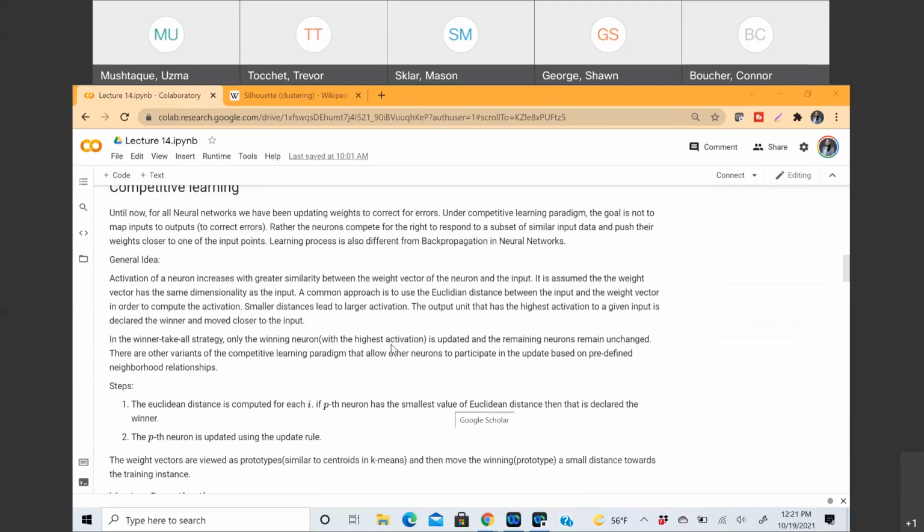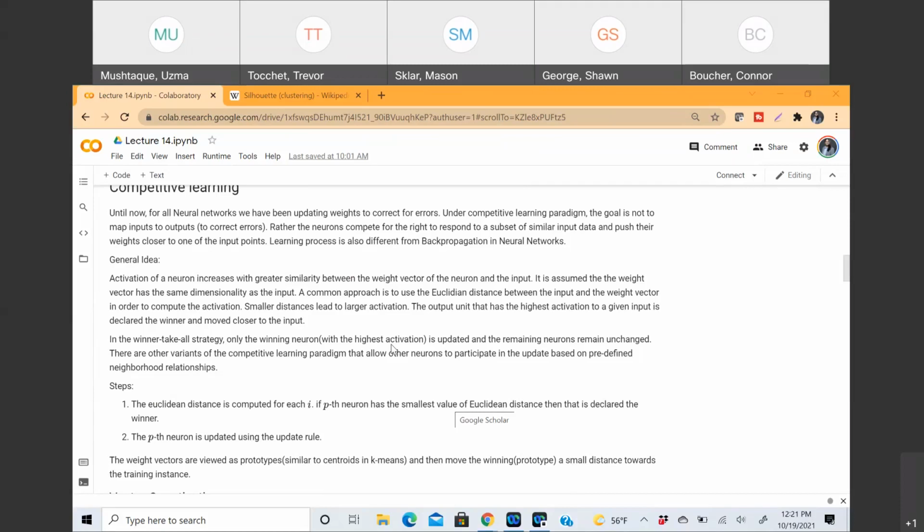Because until now, we've seen feed-forward neural networks and other variants of neural networks, and we've been updating weights to correct some error, right? So that's what we've been doing: take the loss, go and update the weights based on the loss, and then keep iterating until you've reached a point where you've minimized the loss. But in competitive learning, we are not trying to do that.